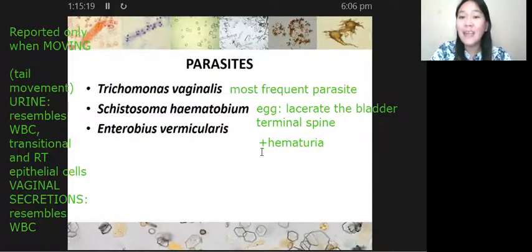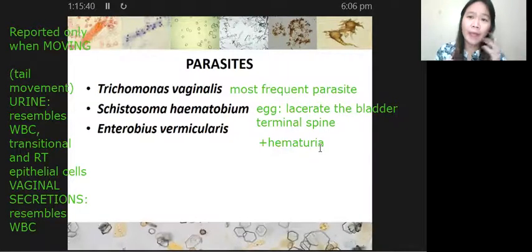Okay, so yan yung isang sediment na hanapin mo. Kung kunwari hindi ka masyadong sure, hindi ka kasi nag-aral ng parasitology. Ayan, nakalimutan mo. Ano na nga ba ulit ang itsura ng Schistosoma hematobium? You forgot. Okay? So, tingnan mo, may hematuria ba?